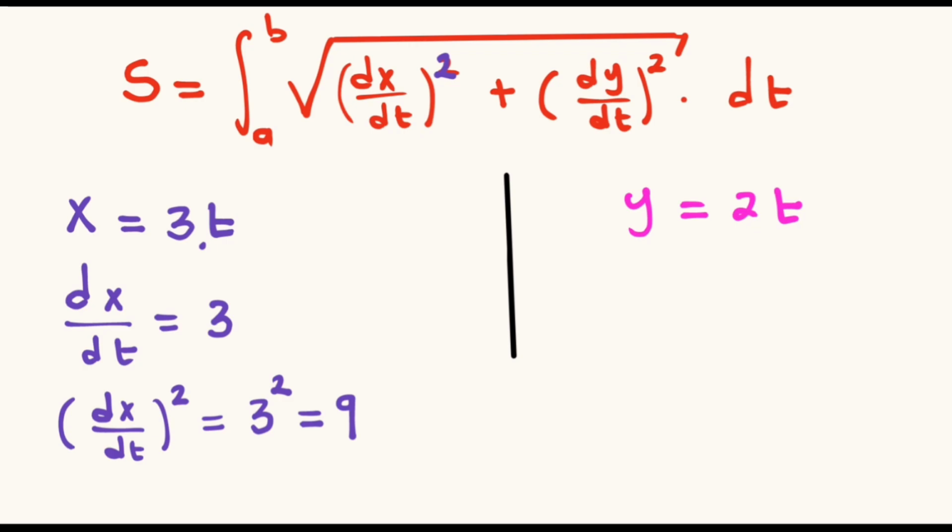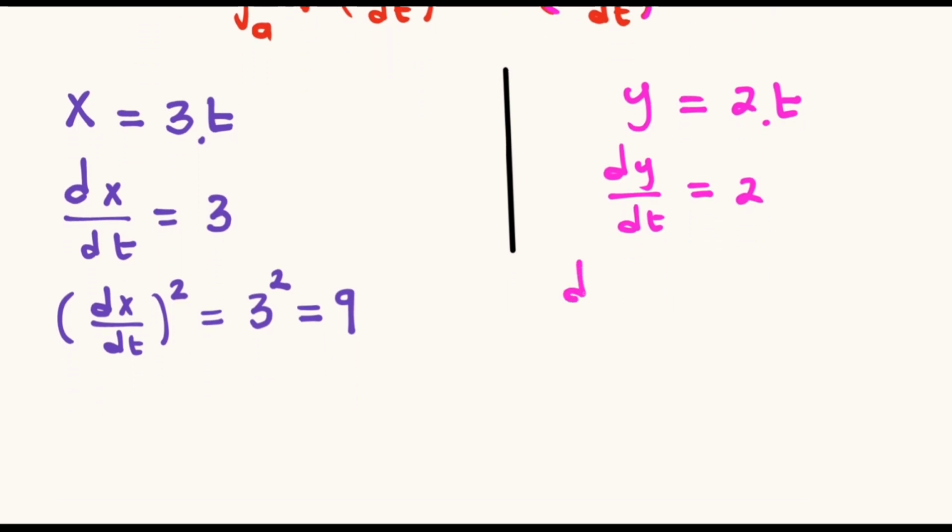And on the other side, we have to differentiate y with respect to t, and the derivative of 2t will be equal to 2, and inside the square root, this is squared, so we also have to square our dy divided by dt, and what we do on the left, we do on the right, so 2 squared will be equal to 4.